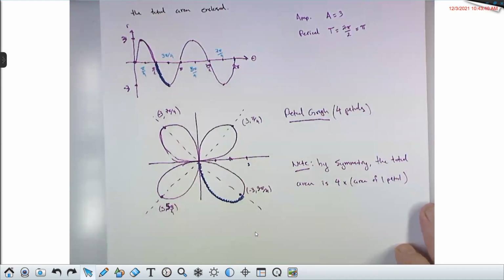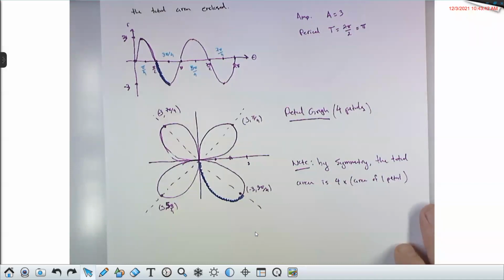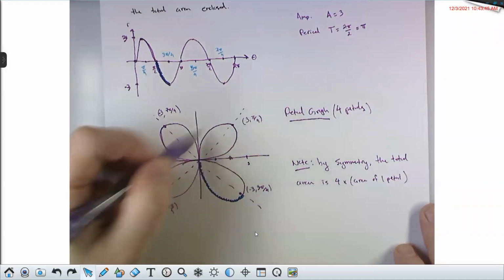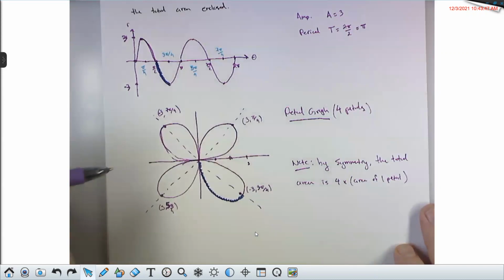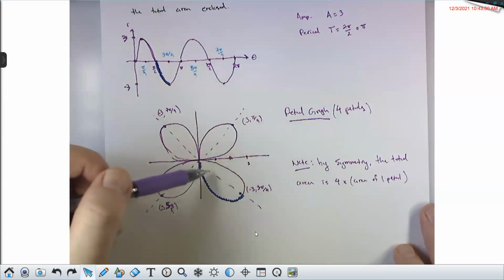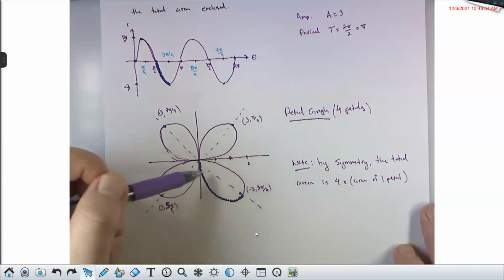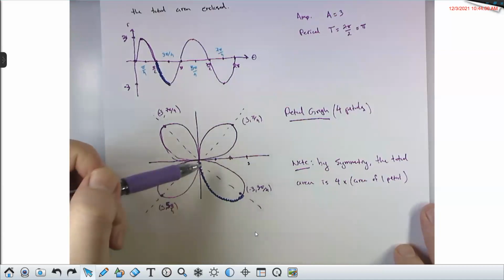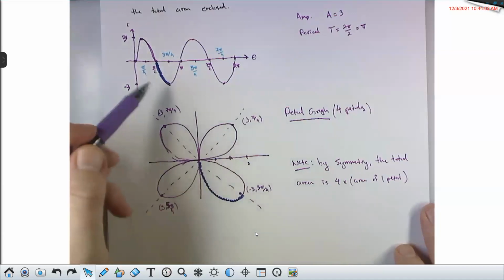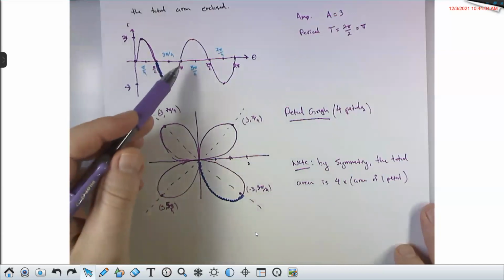And if I want to set up an integral for the area of one petal, I might as well do the first one here from 0 to pi over 2. Note though, if I specifically asked you to set up an integral for this petal, you would not be integrating from 3 pi over 2 to 2 pi as it appears, because this petal came from the theta interval pi over 2 to pi.